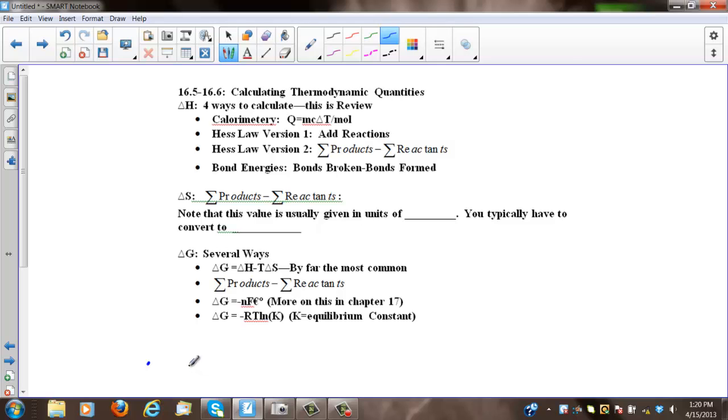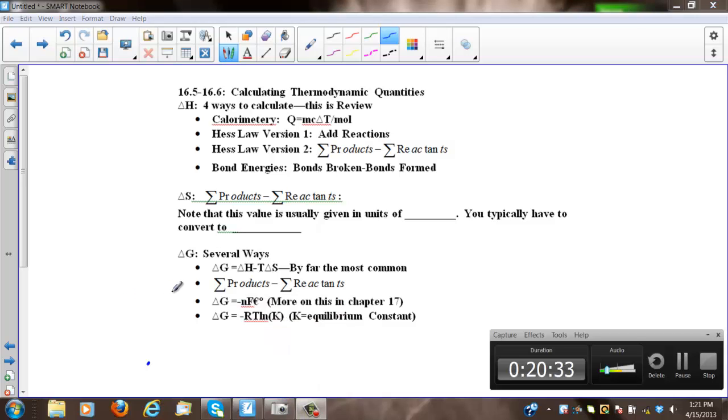Okay, let's talk about calculating thermodynamic quantities. There are 4 ways to calculate delta H. We've already used calorimetry in Unit 5. We've already used Hess's Law, version 1, by adding the different reactions. We've done Hess's Law 2, where you take the sum of the products and you subtract the sum of the reactants.